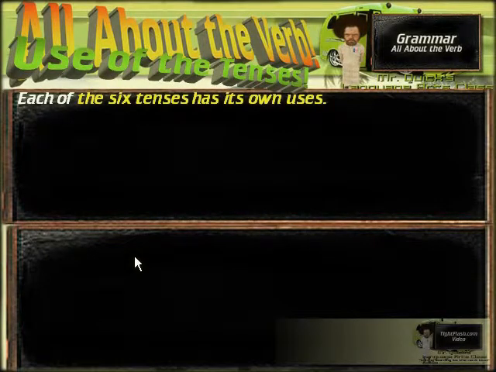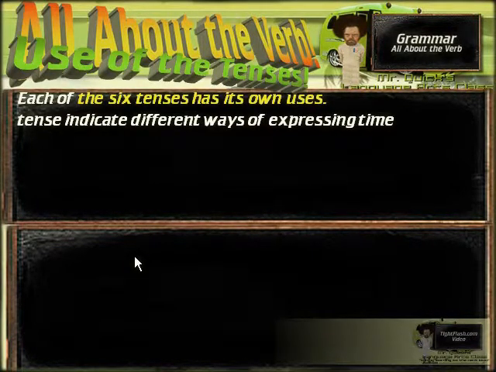Now, when we use these tenses, we're definitely indicating and expressing different points of time. Time reference is what we're doing, and this is really important when you're talking about the meaning you're trying to imply in a sentence. This is directly related to what we're going to do towards the end of our discussion, which is shift in verb tense.